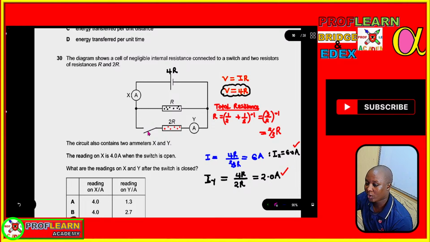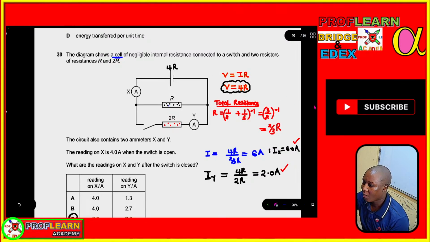So when the switch is open, only this part is connected, and we can use it to find the potential difference of the cell. Potential difference is equal to IR, so with current 4 times the resistance R, the potential difference of the cell is 4R.